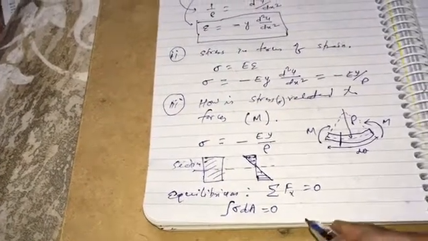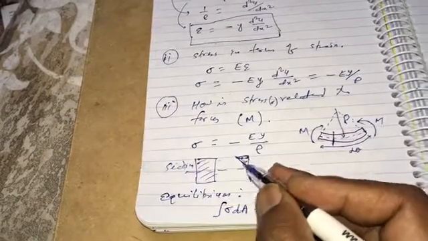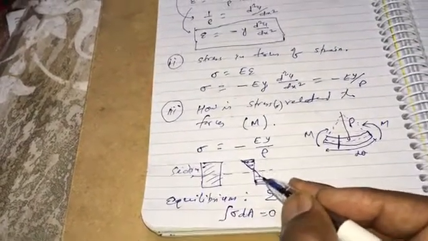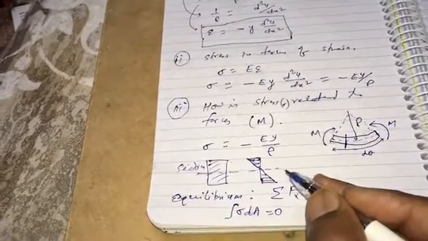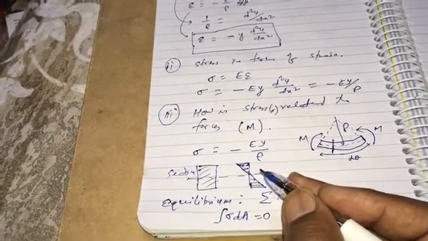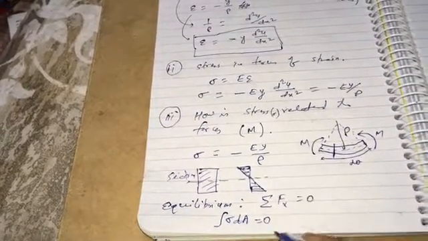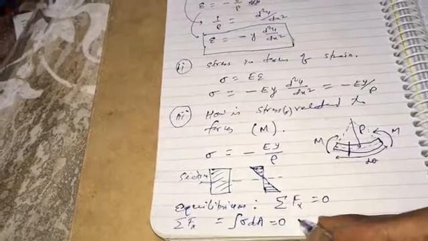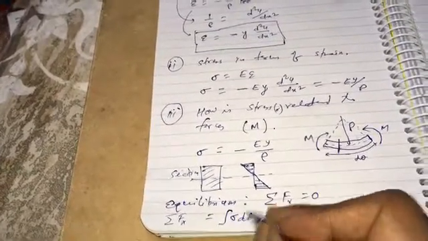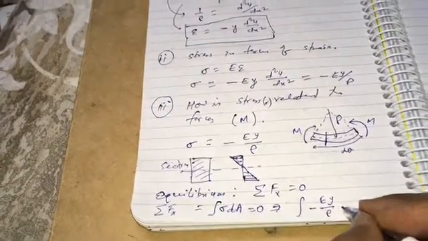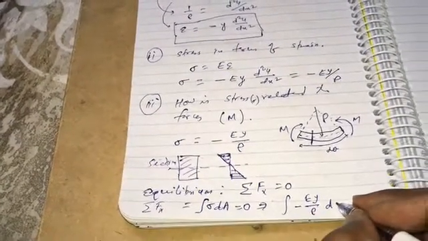This is equilibrium, because if the point is in equilibrium, that means the total force has to be equal to 0. Hence the total force Fx is equal to 0. That only tells you sigma is minus E y over rho, and dA.